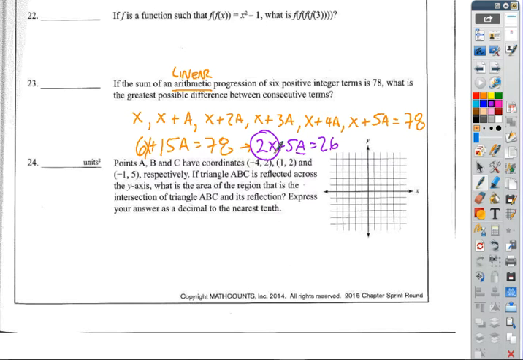So for instance, if I plugged in a 1 or 2, let's say 2, 2 times 2 is 4, subtract 4 from both sides, I get 22. 22 cannot be divisible by 5 to find a.